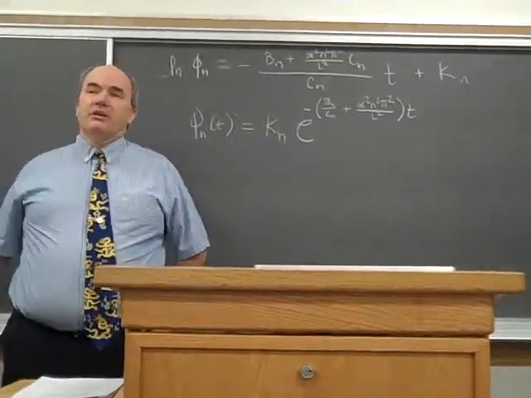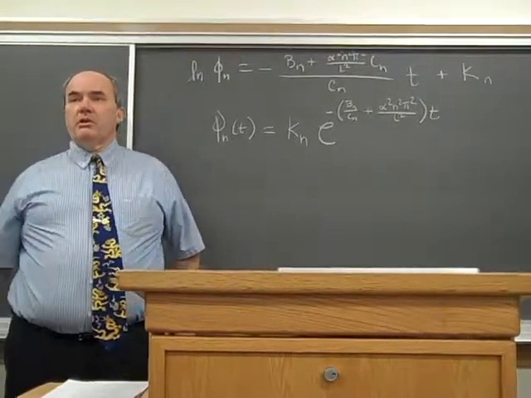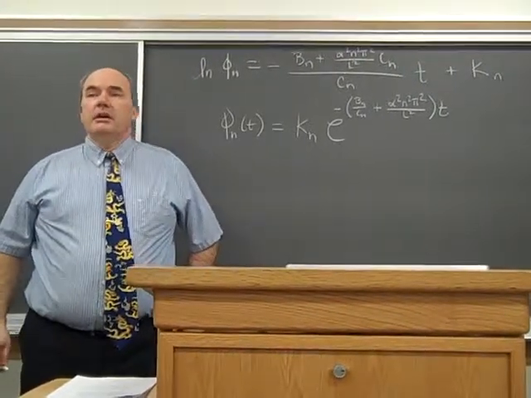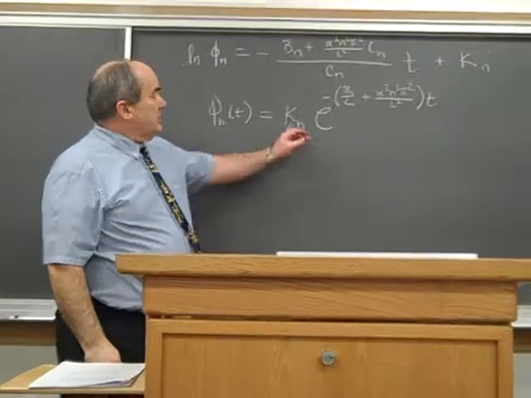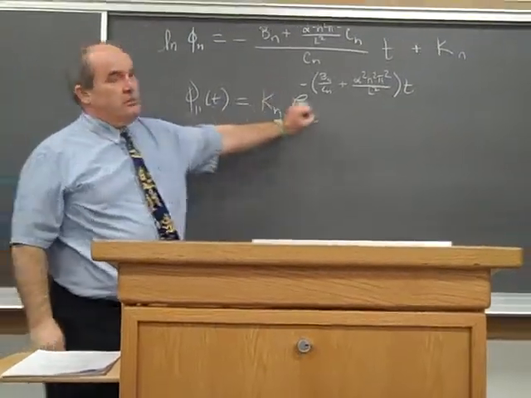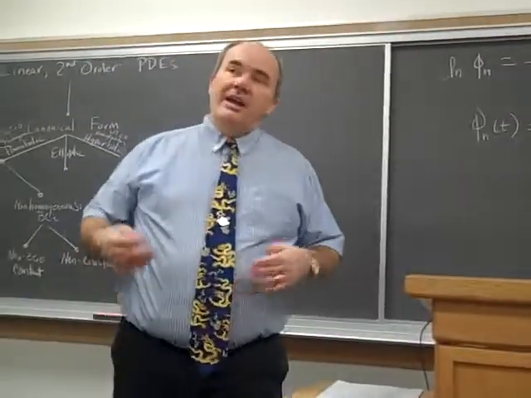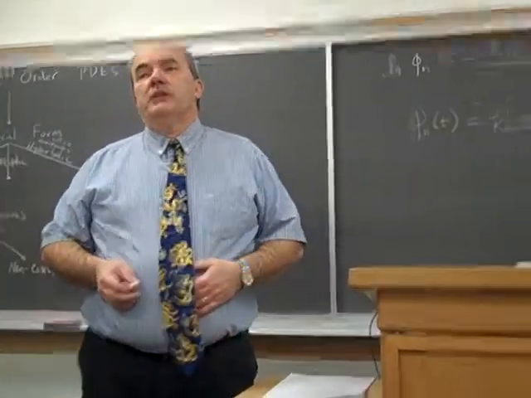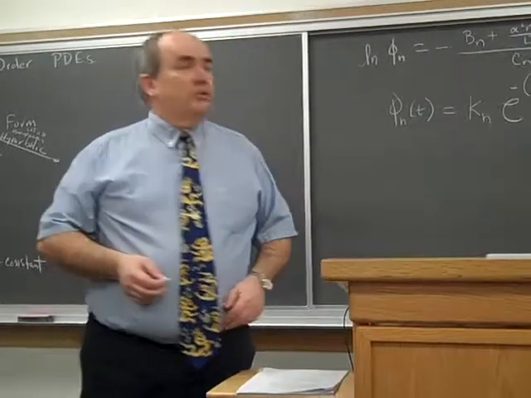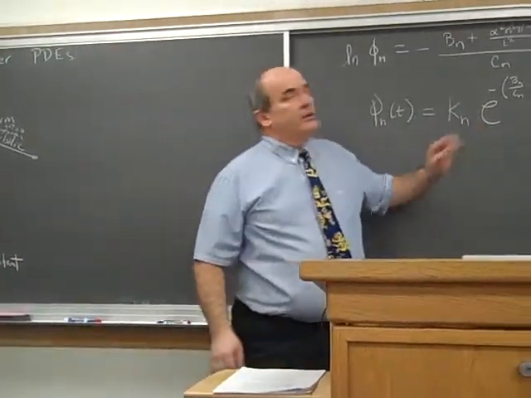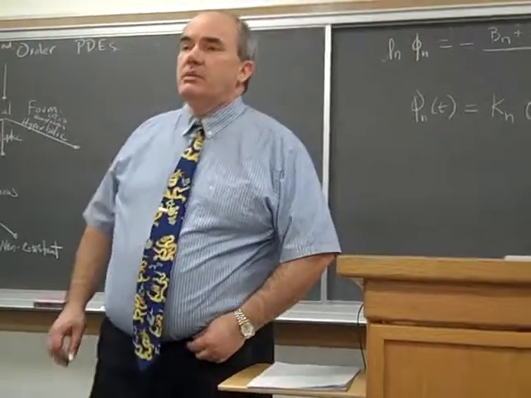Put those back into my expression for w. Apply the initial condition. And the k times c sub n times k sub n's, well, I could absorb that. That's just an arbitrary constant. And now I can go apply my initial conditions and try to figure out what those constants ought to be.